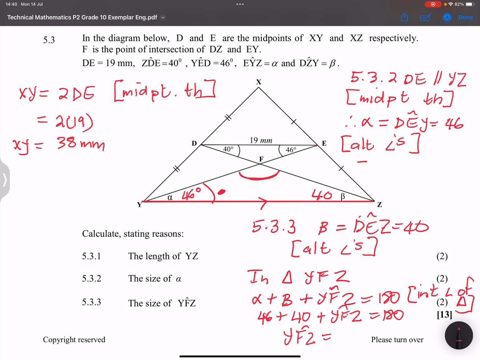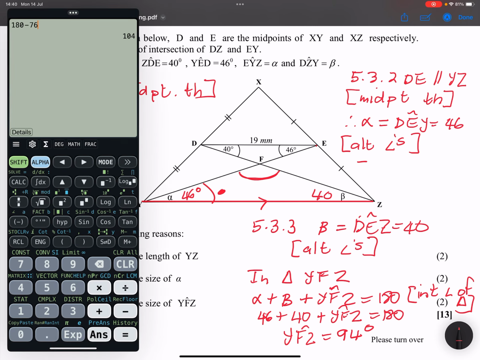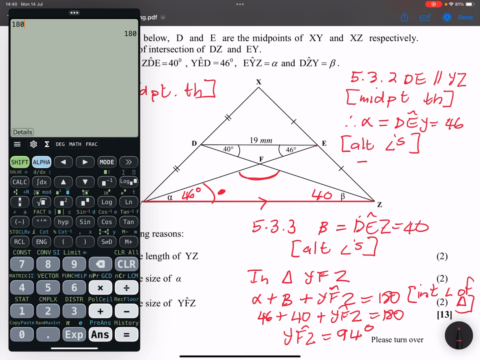That would be 180 minus 86. Yes, we got 94 degrees.